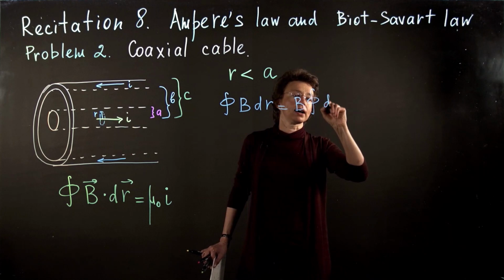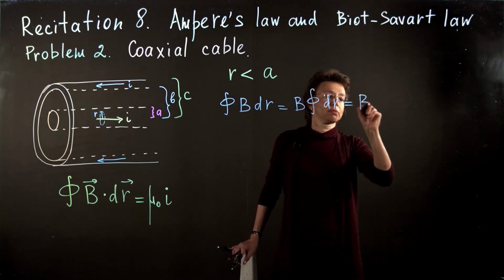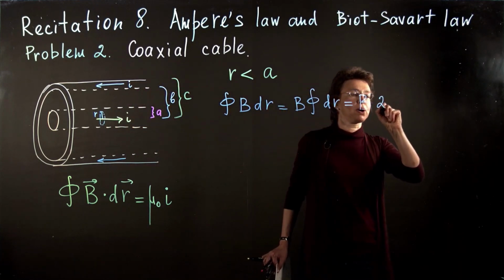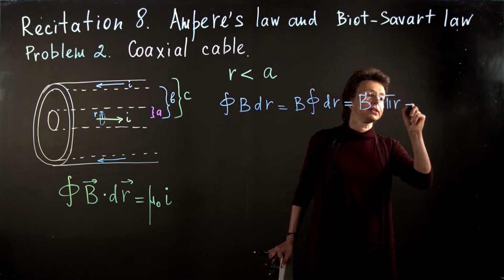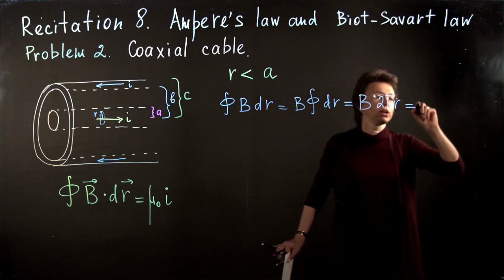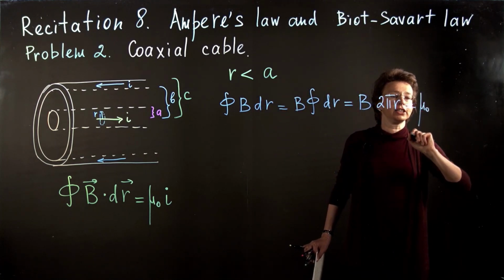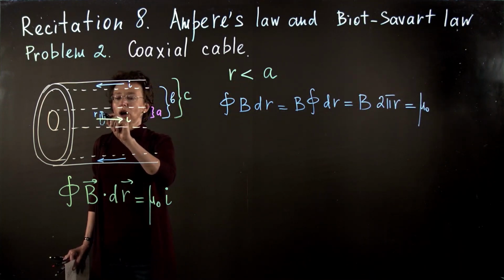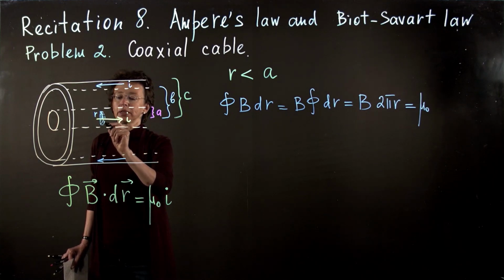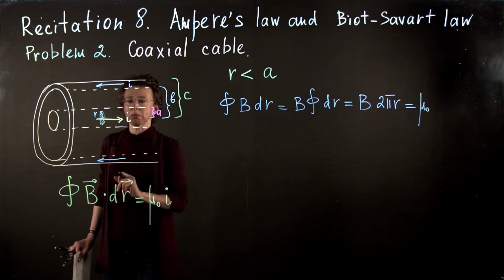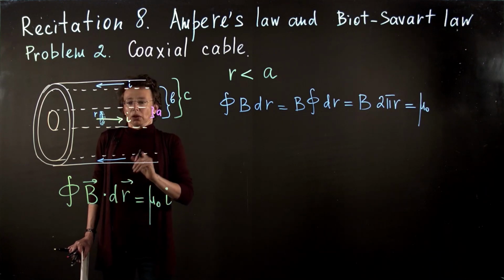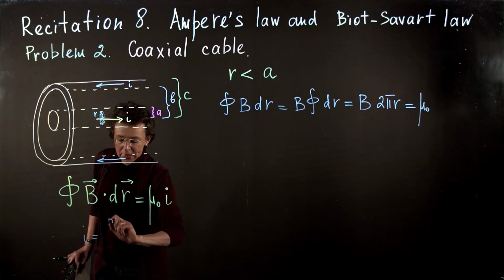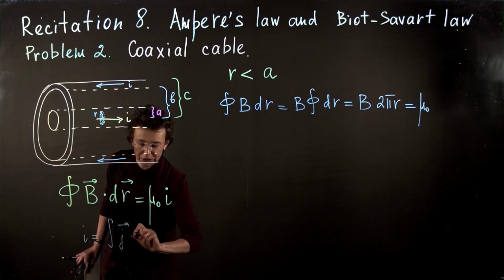The integral of dr is the circumference, 2 pi r, and this is equal to mu naught. And then I need to write the current enclosed by this loop. So how much current is flowing that is bounded by this loop? First, I need to find the current density. I remind you that current is the integral of J dot ds.